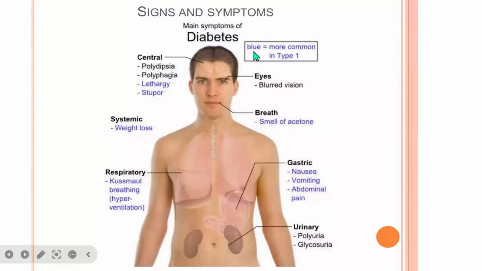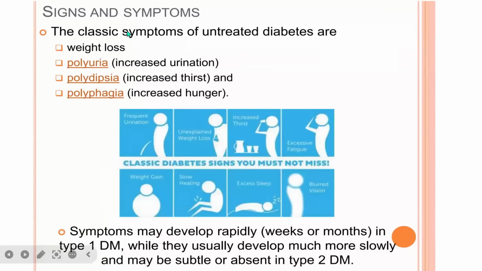There is also weight loss, nausea, vomiting, abdominal pain, and polyuria, which is excessive loss of urine without taking large amounts of fluids. There is also glycosuria, that is glucose in the urine, and there is also deep breathing, which is hyperventilation.